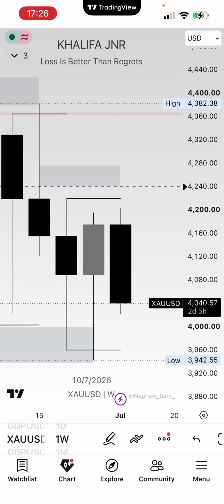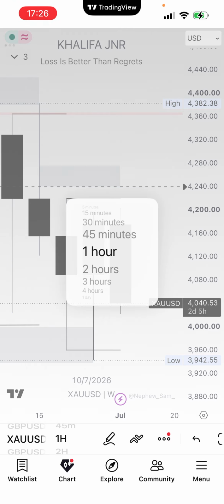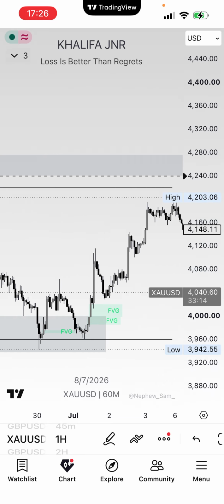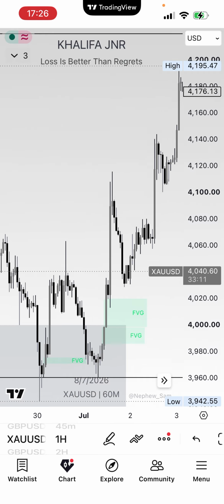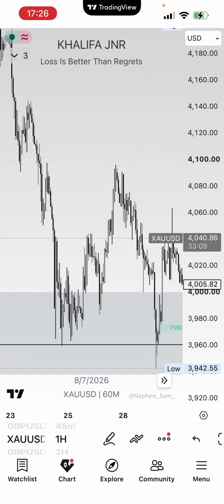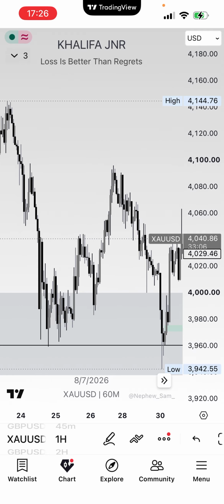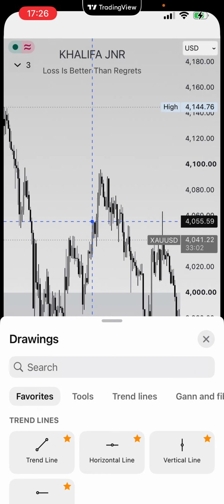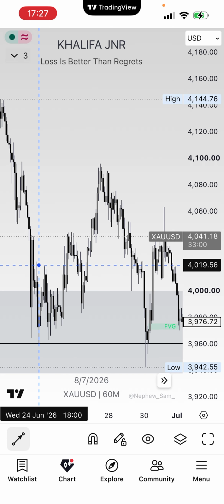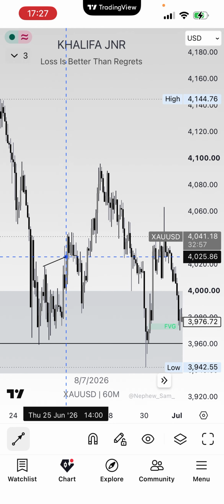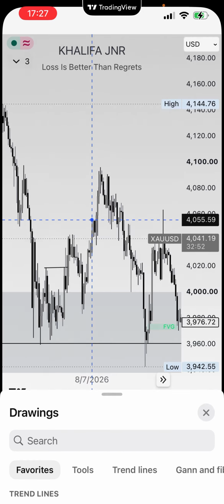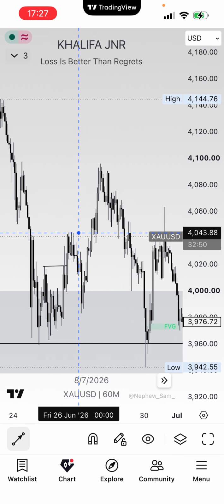the people that bought gold last week, if you come on the 1 hour time frame, let me quickly explain how they took the buys last week. But I wasn't interested in the buy. You can see the internal break of structures, this shift of market structure, and another break of structure here.